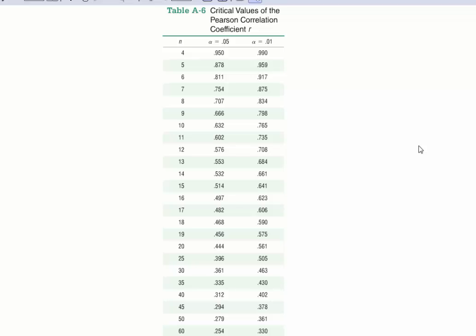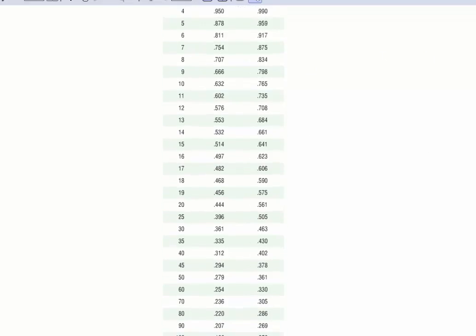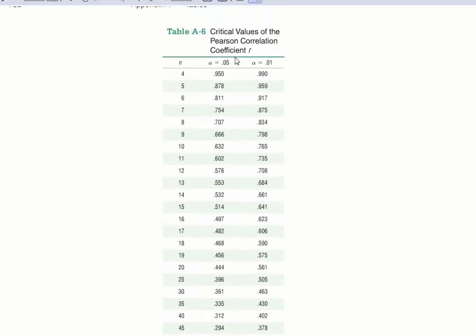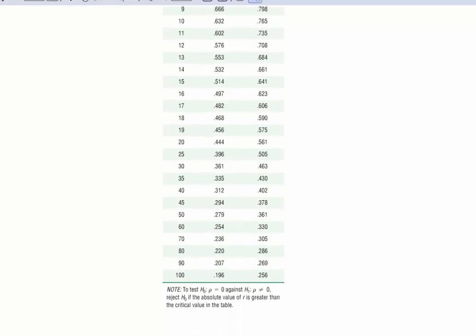We're not necessarily going to do this, but if we did a hypothesis test where the null hypothesis was no linear correlation and the alternative was yes linear correlation, we could use this table. The data I actually used has 192 pairs of data. So we look at n, how many pairs of data you're looking at.